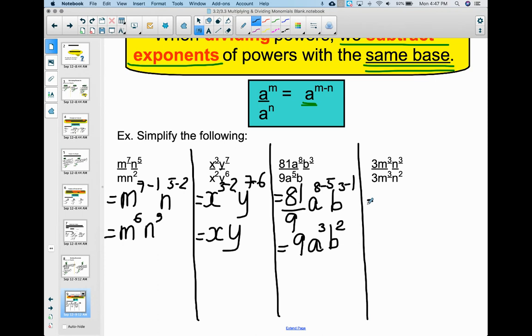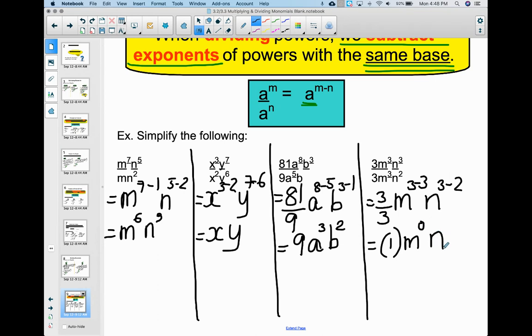Once again, 3 divided by 3. We subtract the exponents of the same base. And 3 divided by 3 is 1. 3 minus 3 is to the power of 0.